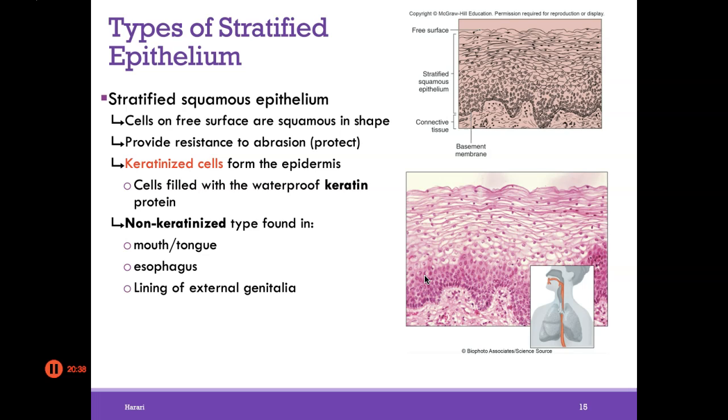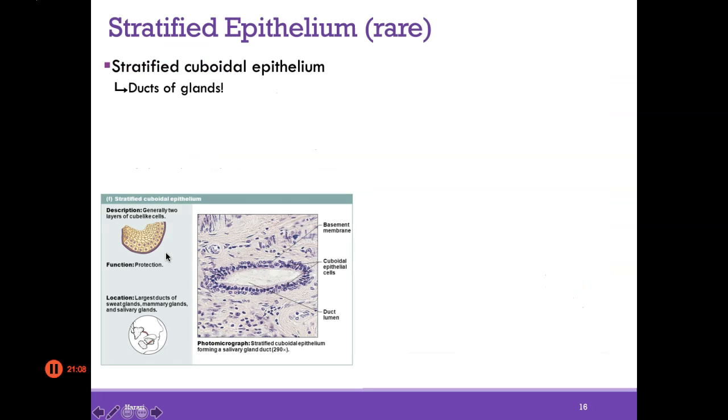Whereas we see keratinized on our epidermis, so the soles of our feet and the palms of our hands have tons of keratin, so we can resist abrasion. It also protects us from water loss because it's like a waterproofing protein. The non-keratinized type is exposed to liquid, so we don't want keratin, right? So when you think about these tissues, they're in an aqueous environment, so we don't want them keratinized. We don't want them waterproofed, right? But both, regardless, are for protection. We need many layers for protection.